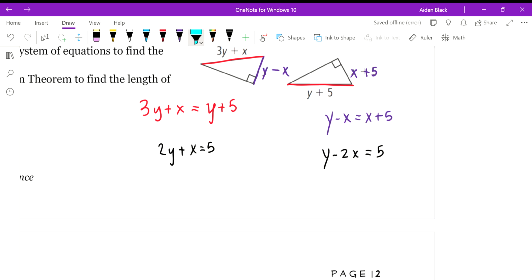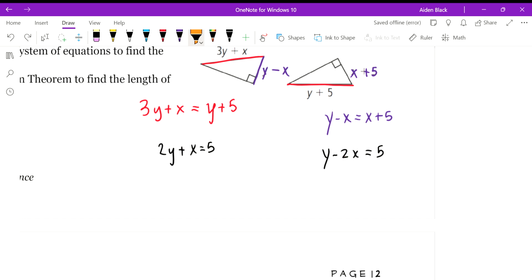Now what you want to look at is the coefficients on each variable. Notice that 2 and 1, since this is technically 1y, are different. The same thing is true of the coefficients on x. 1 and negative 2, those are different.